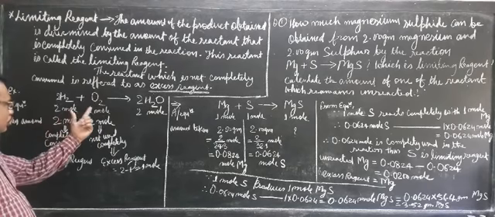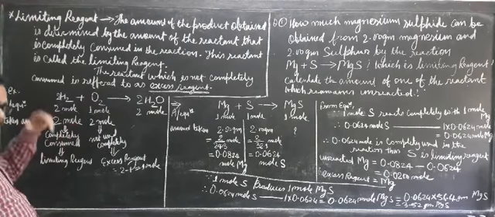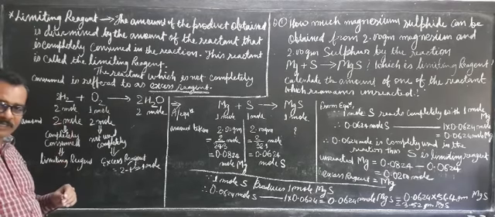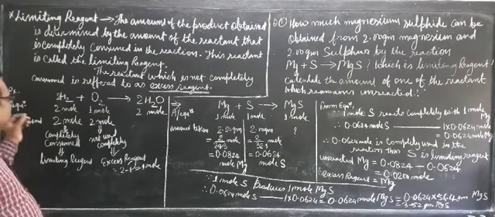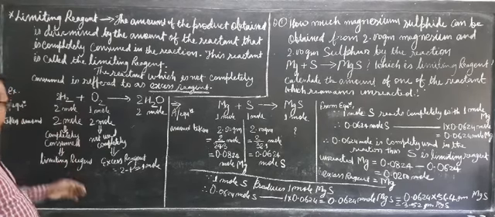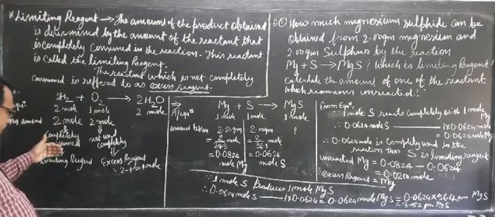So again for 1 mole of oxygen, 2 mole of hydrogen is required. But we are not having the 4 mole of hydrogen here. We are having only 2 mole of hydrogen. So 1 mole of oxygen would remain, and this hydrogen gets completely used up.